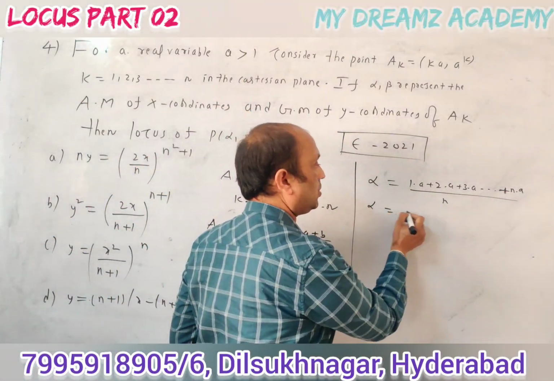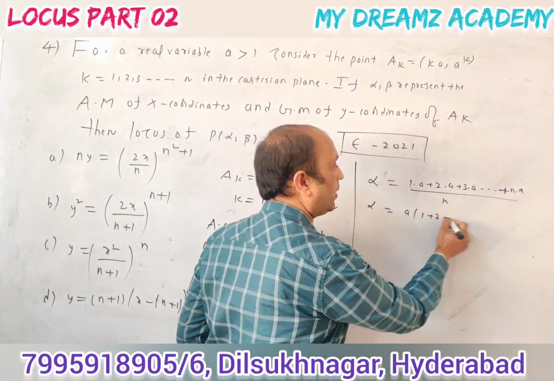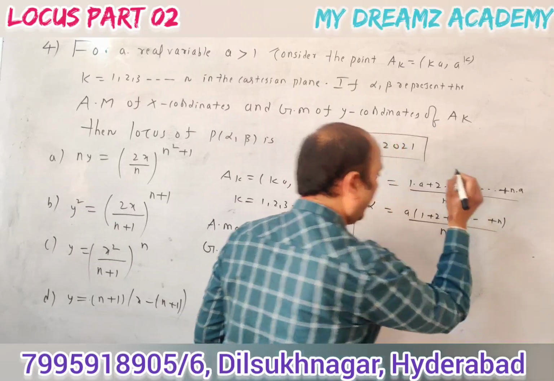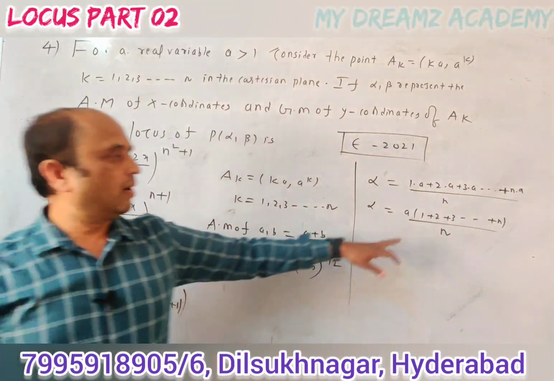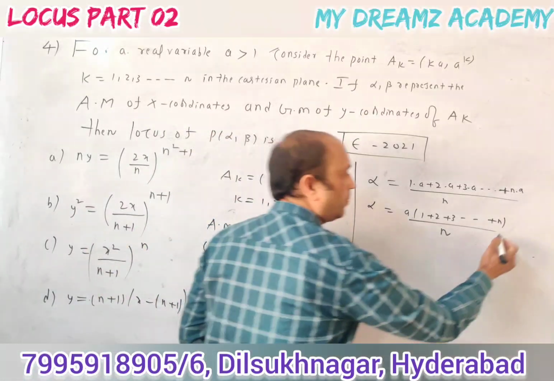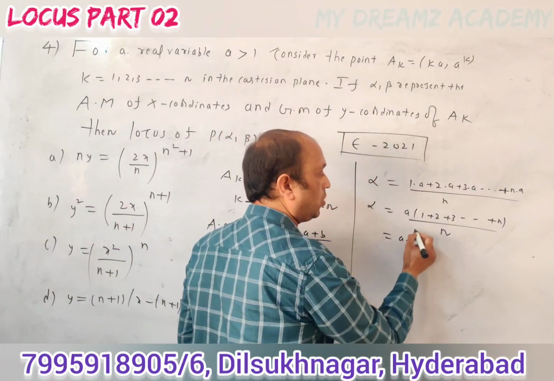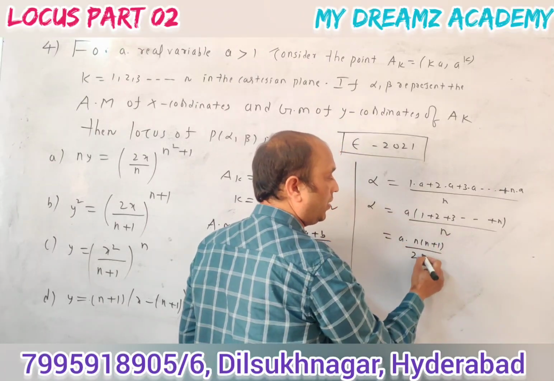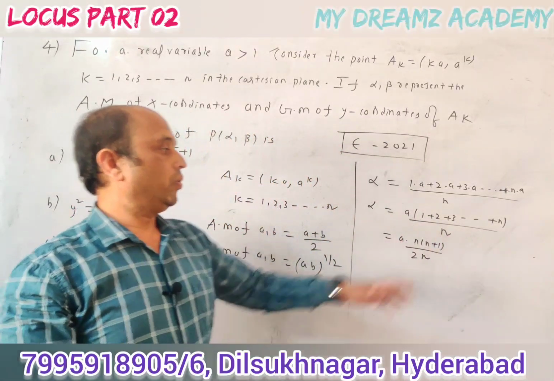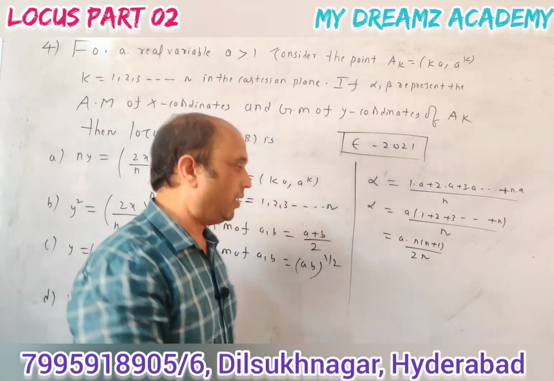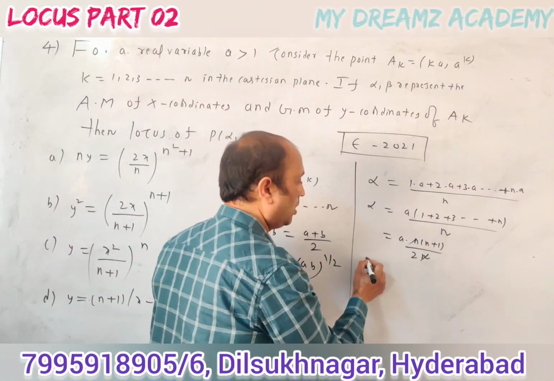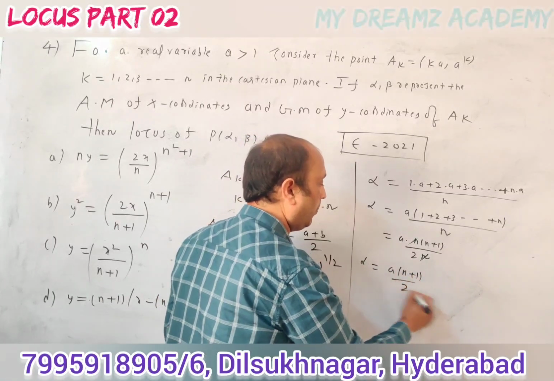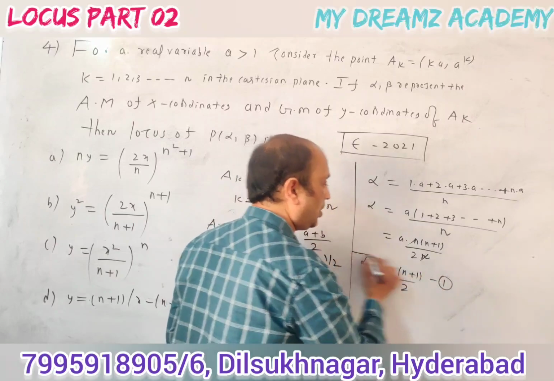So alpha is equal to a times (1 plus 2 plus 3 up to plus n) by n. Already we know that the sum of the natural numbers is n into (n plus 1) by 2, and n is already there in the denominator, so n gets cancelled. So alpha is equal to a into (n plus 1) by 2. This is the first equation.